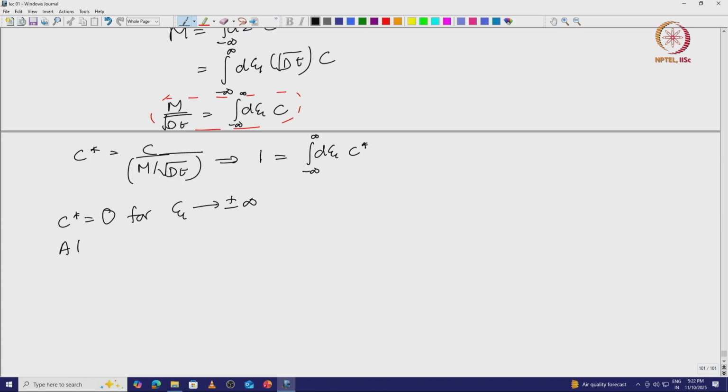And at initial time, t is equal to 0, C star is equal to 0 for psi not equal to 0, because you are inserting it only at z is equal to 0 or psi is equal to 0, but it satisfies the integral condition.